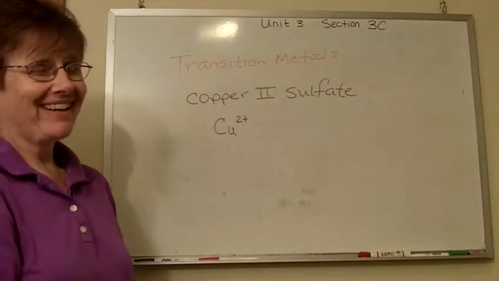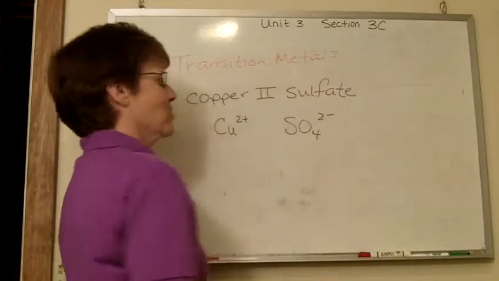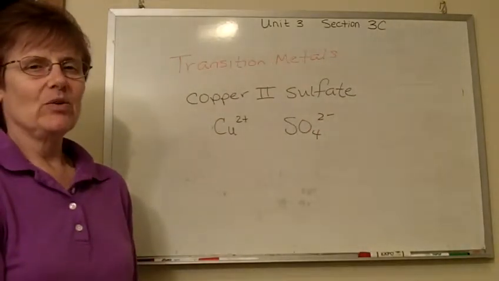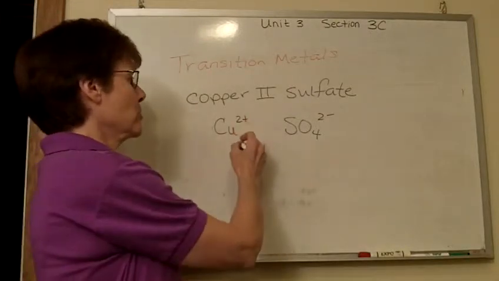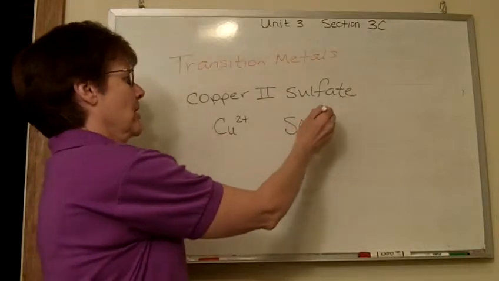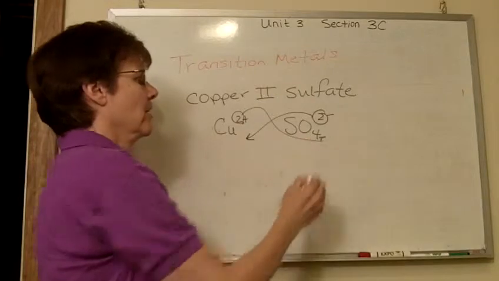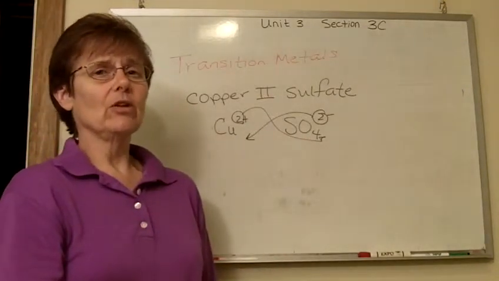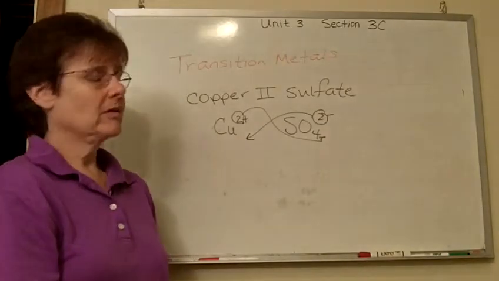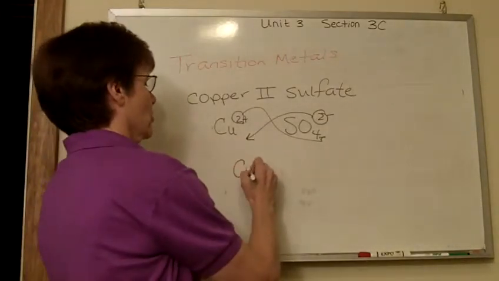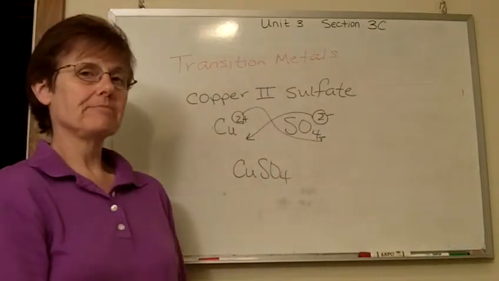Sulfate, if I haven't memorized it yet, I go look on my table and I see that that's SO4, also with a -2 charge. So using my crisscross method, I would end up with subscript 2 here and a subscript 2 here, because this will come over here and this will go over there. Remember, just a minute ago we said we want the lowest whole number ratio. So that means they're really in a 1-to-1 ratio here. So we're just going to put CuSO4 and call it done.